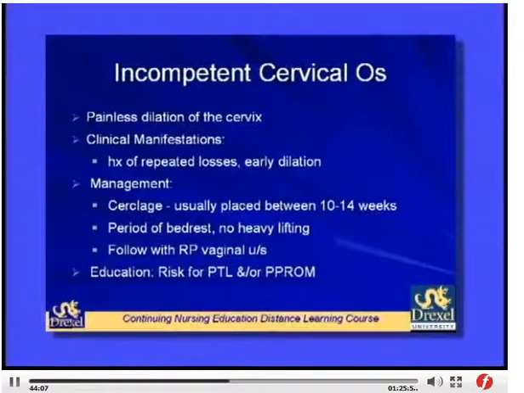She's followed with repeat vaginal ultrasounds, so they can see how the stitch is doing and if the cervix is shortening. For education, they are at risk for preterm labor or PPROM, preterm premature rupture of membranes. Many times the membranes may actually rupture before the woman is going into labor. If at any time the woman does rupture, usually they go in and remove the stitch because she's at an increased chance of infection as that stitch stays in.